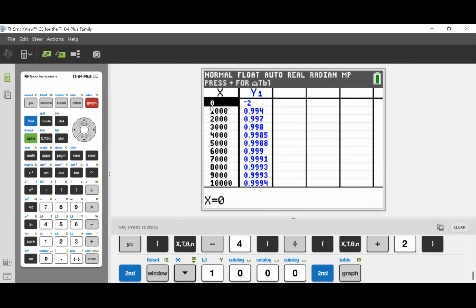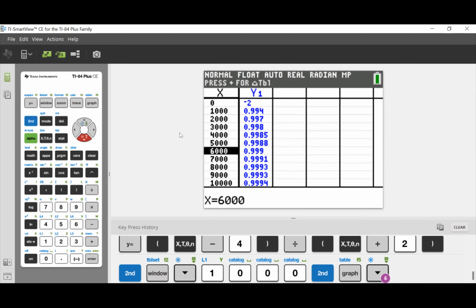All right, here we see, as we scroll down this table, as the x values get bigger and bigger, the y values are increasing. We have 0.9991, 0.9993, 0.9994. And the values are getting bigger and bigger and closer to 1.